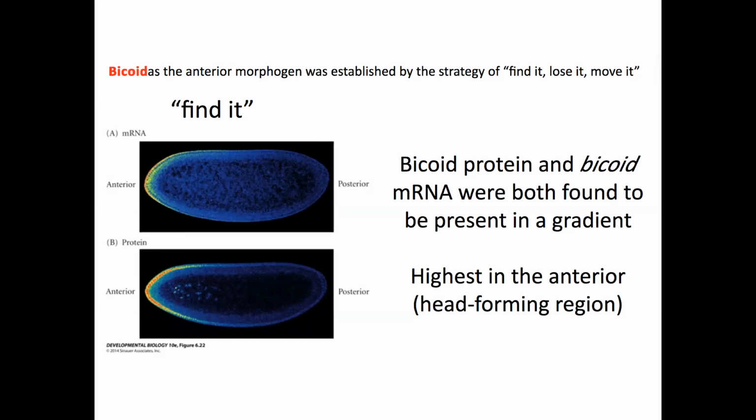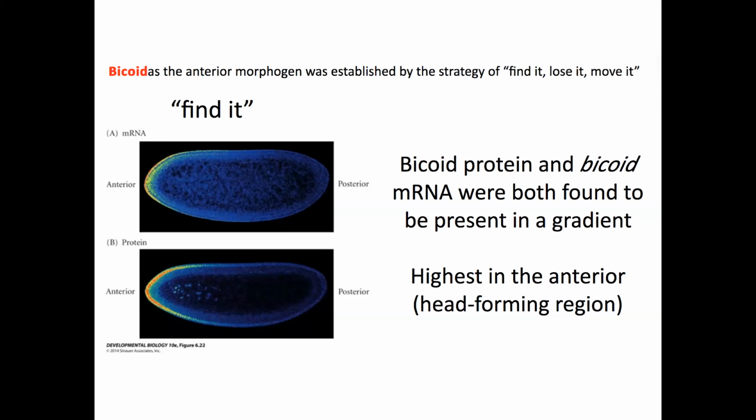So they had this scheme of experiments that they did. The scheme was to find Bicoid, lose Bicoid, and move Bicoid. So meaning, see its expression, see its localization, where it is present, then lose its expression and see what happens.